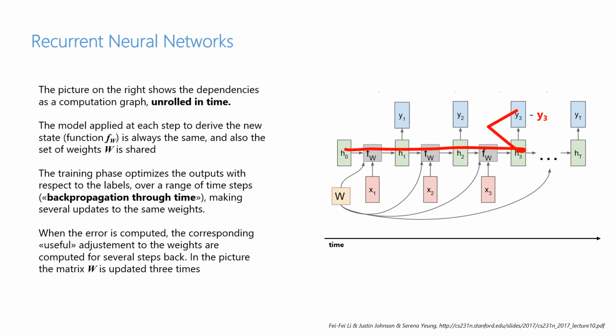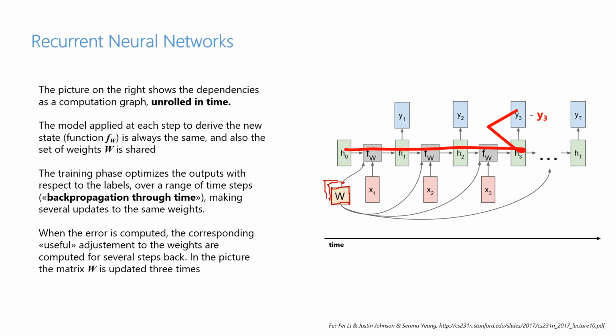About the training of an RNN, what we must always remember is that even if we apply it over several time steps, we always use the same network. So we have only one copy of the weights. In our case, the weights are split into three matrices.